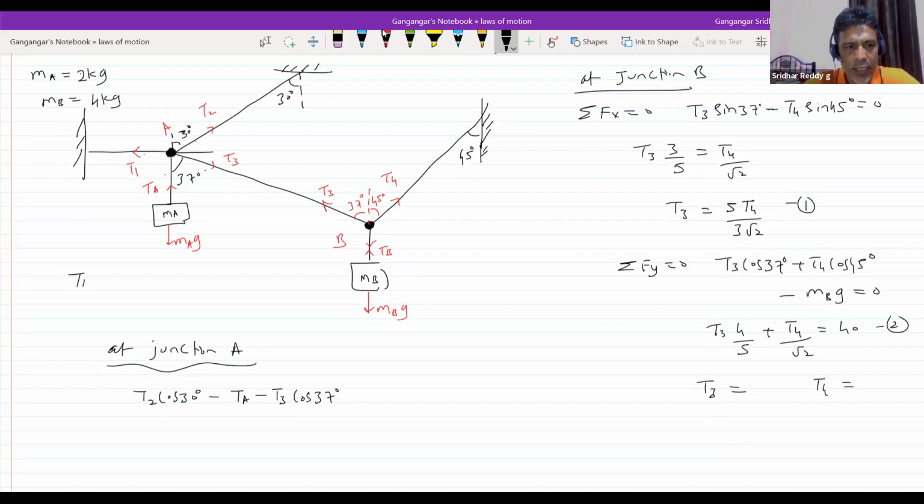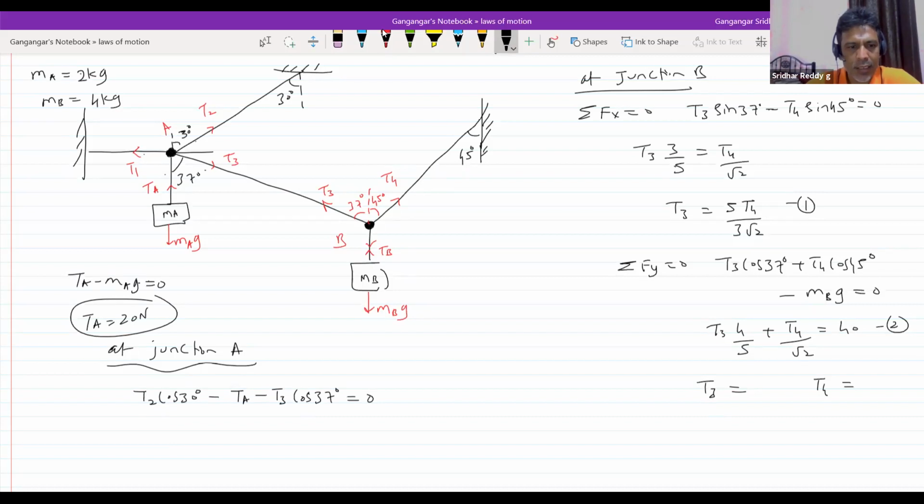And what is TA equal to? TA minus mg equal to 0. So we'll get the value of TA. TA is how much? 20 Newton.